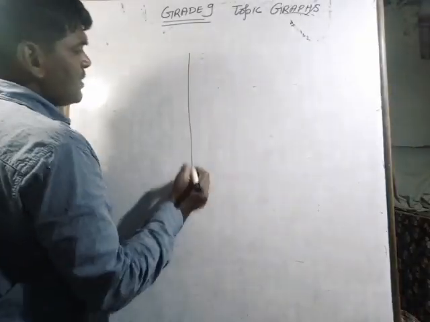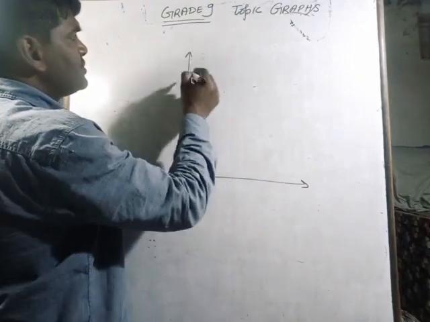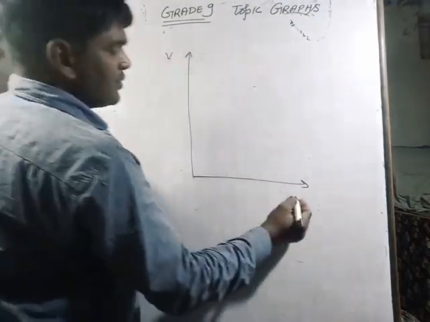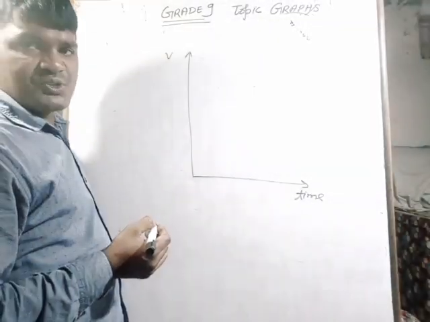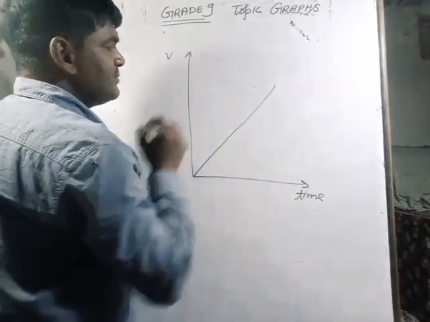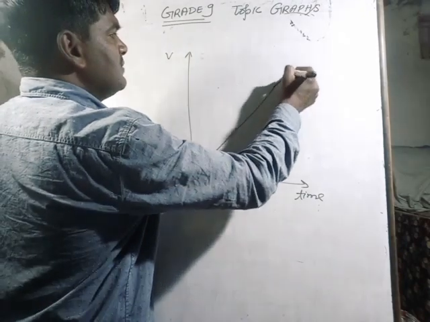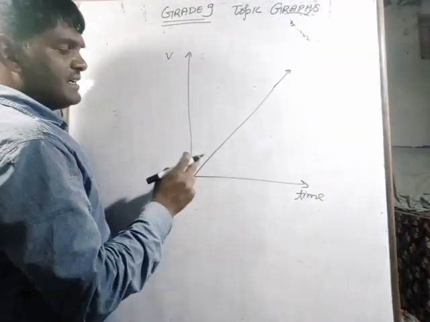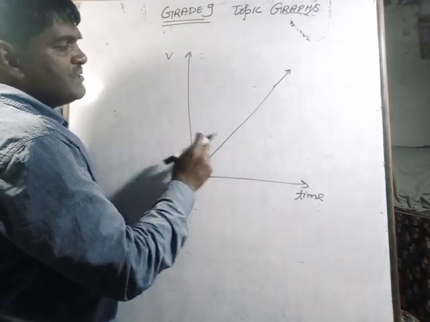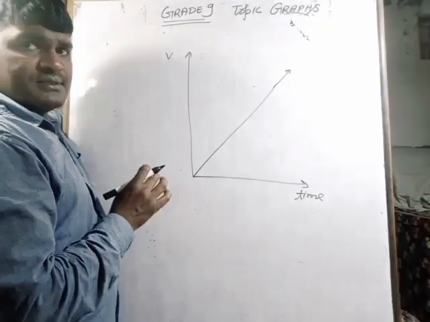So if we talk about the velocity time graph for uniformly accelerated motion, it will be like that. Once again, it will be a straight line, and it shows that the change in velocity is remaining constant.